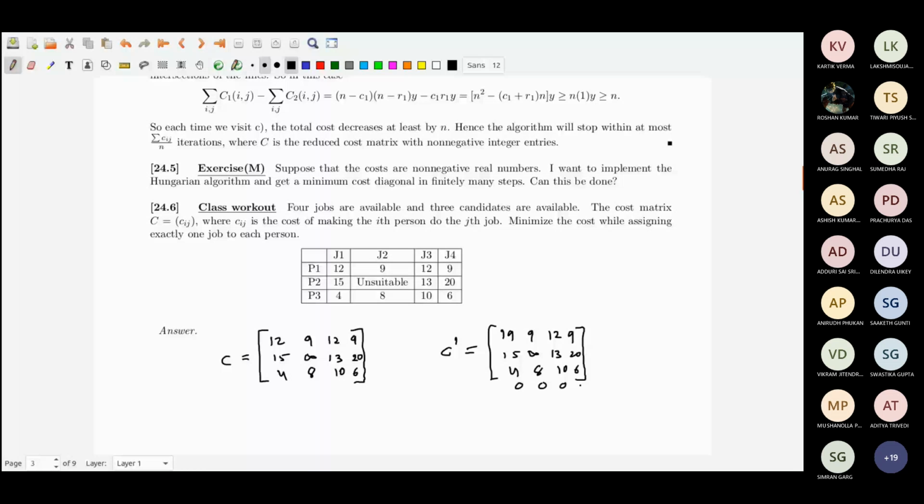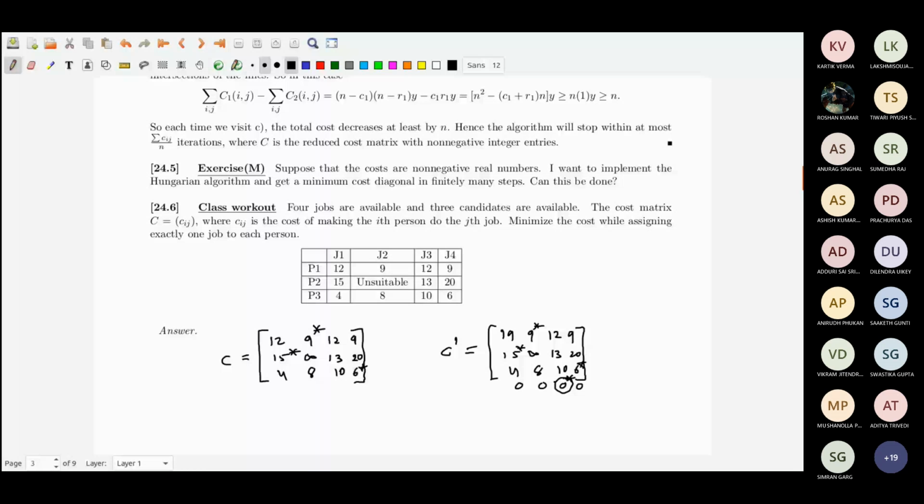So notice that any solution over here easily gets extended to a solution over here, of the same cost.